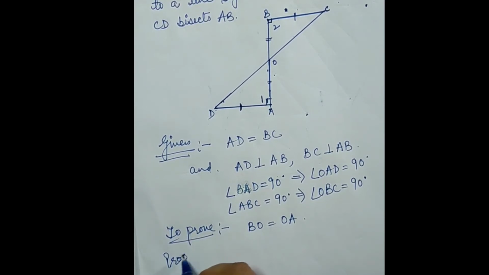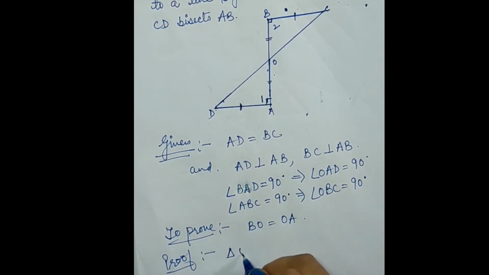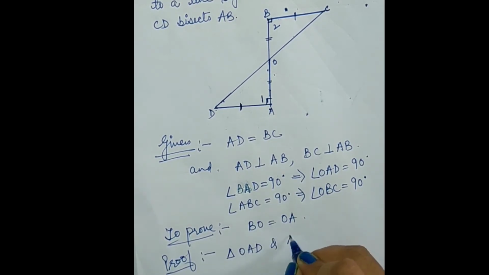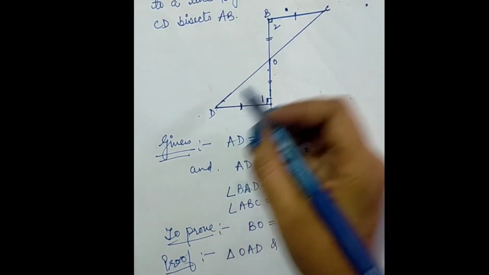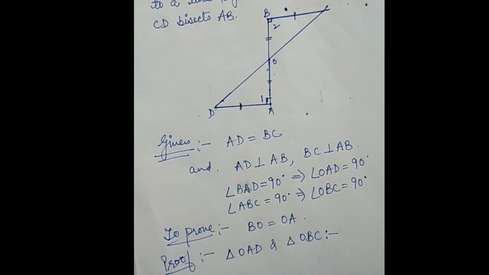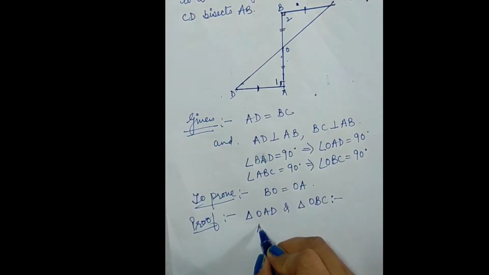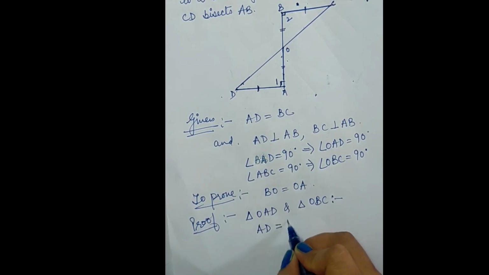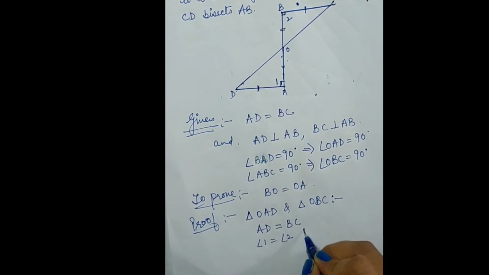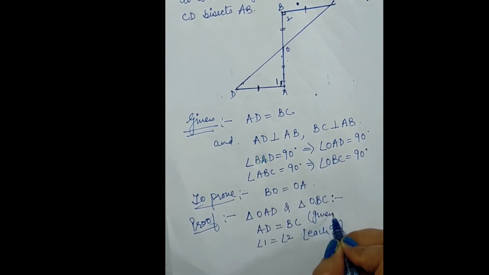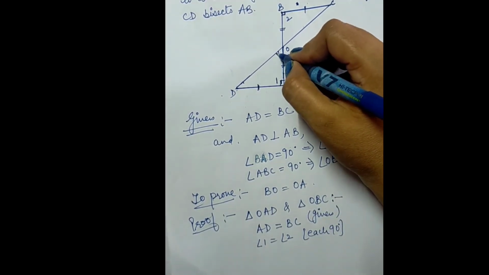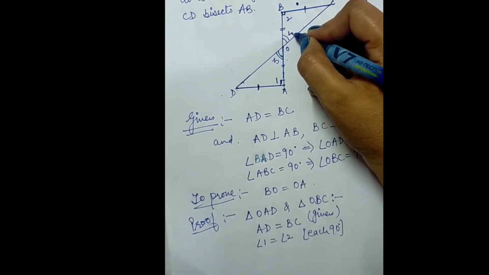For that I am going to prove these two triangles to be congruent, that is in triangle OAD and triangle OBC. So first thing is being given, that is AD is equal to BC. This is already given. Angle 1 equals angle 2, each 90 degrees. This was given. Now third thing, we can see this angle is equal to this angle. Why are they equal?